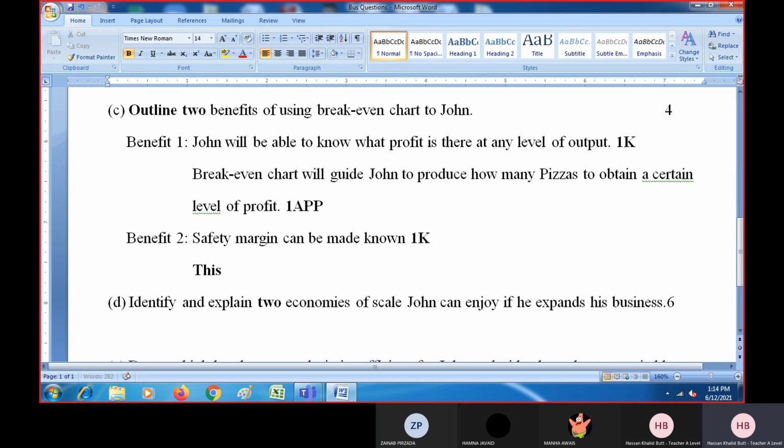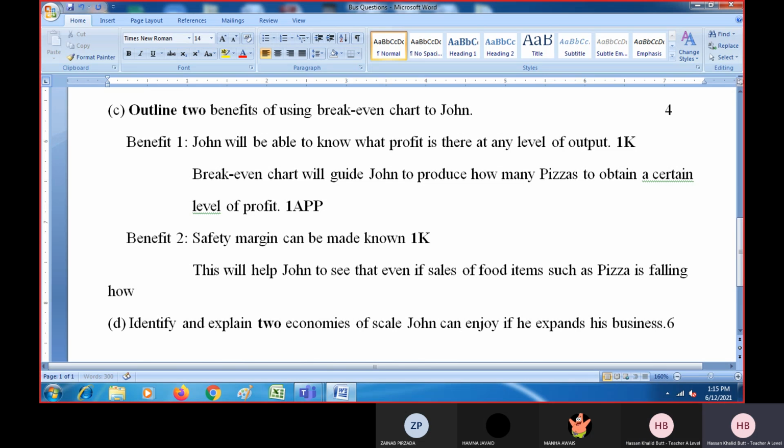This will help John to see that even if sales of food items such as pizza, as you just told me, even if sales of food items such as pizza is falling, how safe he is from loss?